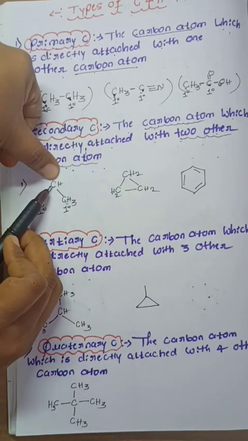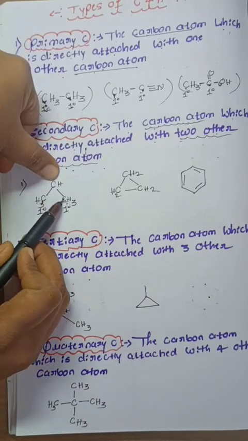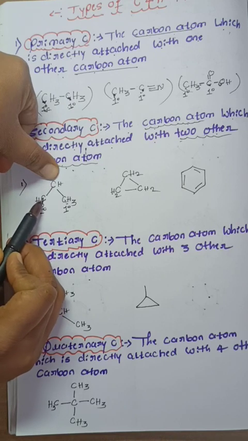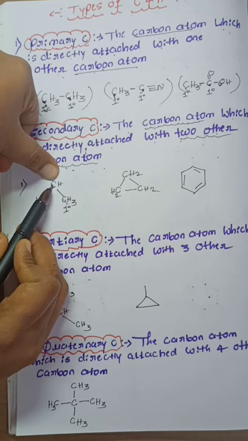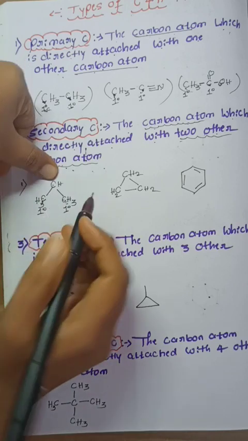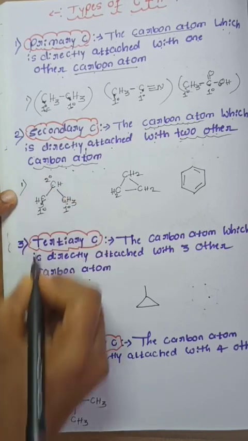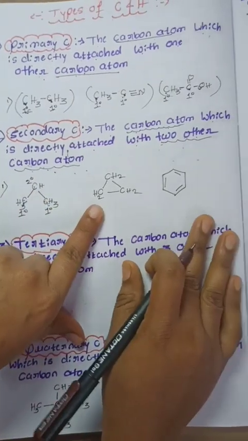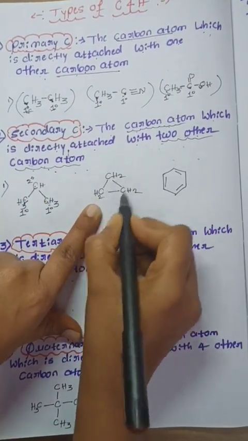Now see this carbon, directly attached with how many carbons? This is one carbon and this is one more carbon, so this central carbon is directly attached with two more carbons, so this carbon we call secondary carbon. Understood? Now in this example there are also three carbons.